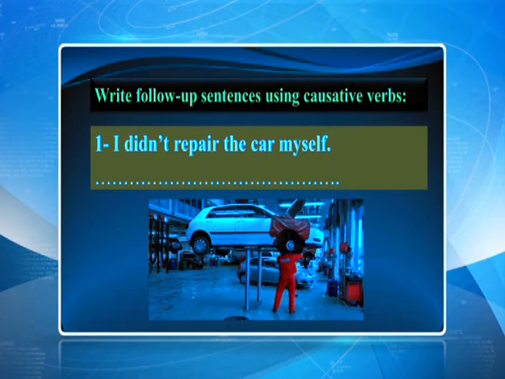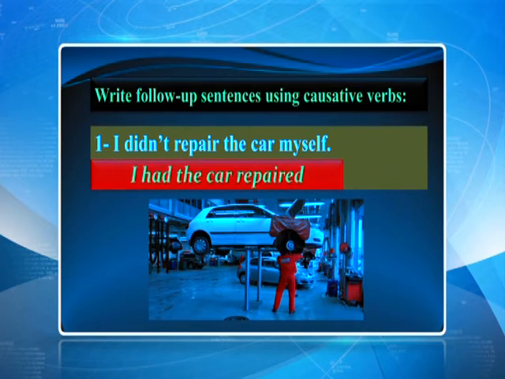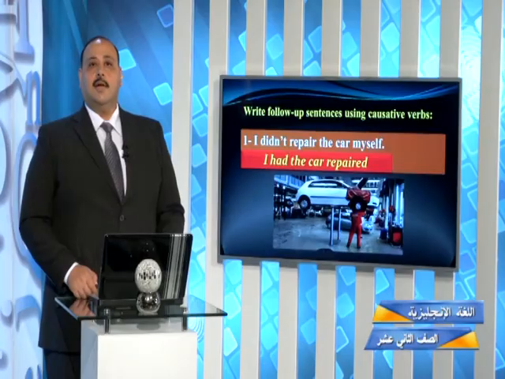I did not repair my car. So how can we do it? Again, did not means the past. So we use have in the past form, which is had. Good. I had the car repaired. Okay, that's good. I think it's a little bit easier now. Now let's move to another example.